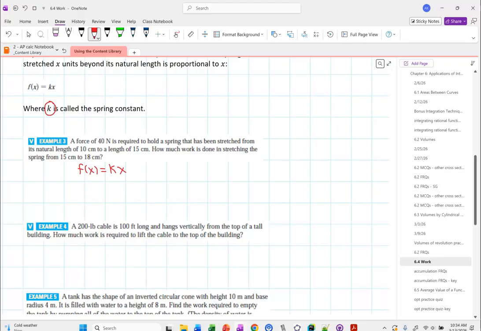Meters. A newton is kilogram meters per second squared. Time to do some conversion. It's hidden in there for you.